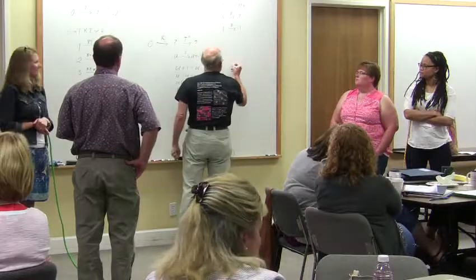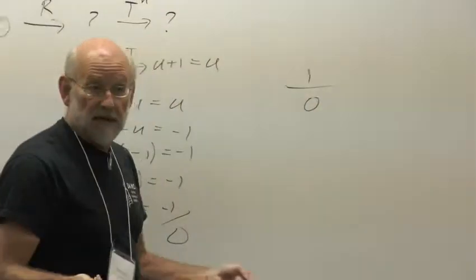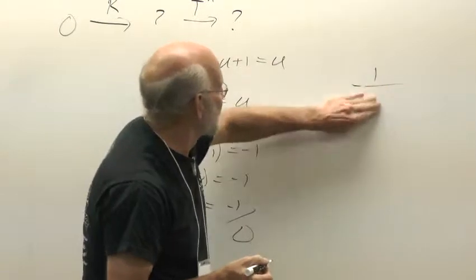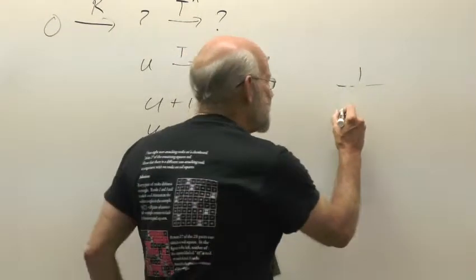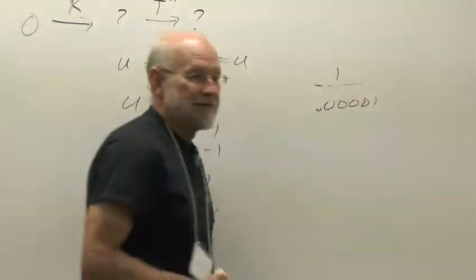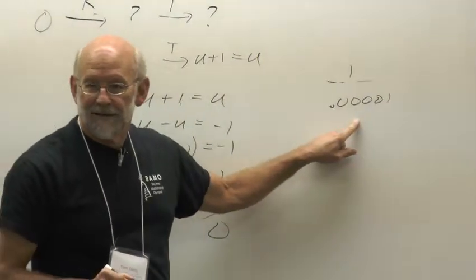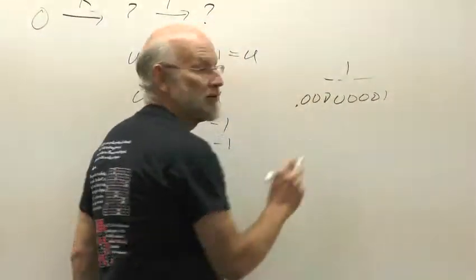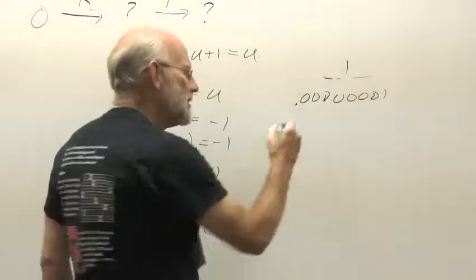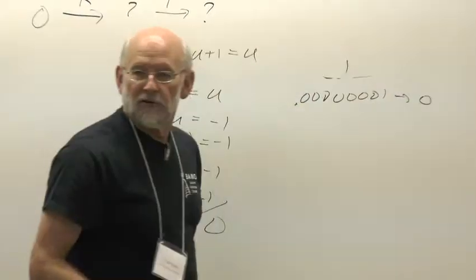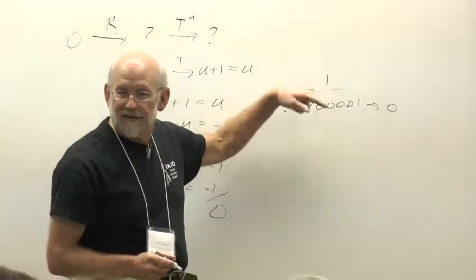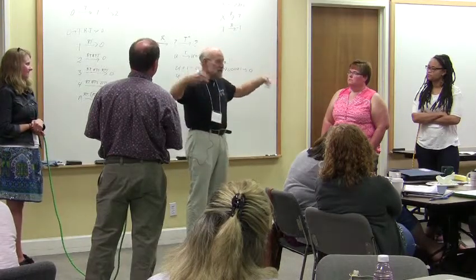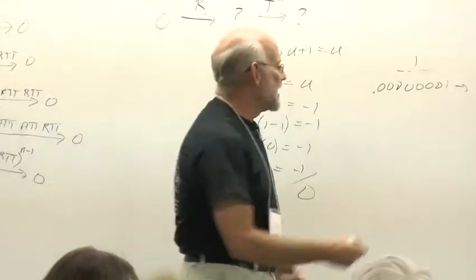When I divide the number 1 by 0, that doesn't make any sense. But what if I divide 1 by something that's really close to 0? What do I get here? A big, big number, right? And in fact, the smaller this number gets, the bigger this number gets. So if I let this thing go all the way to 0, how big would this thing be? It grows without bound, right? So it might be reasonable to just call it infinity, if you like.